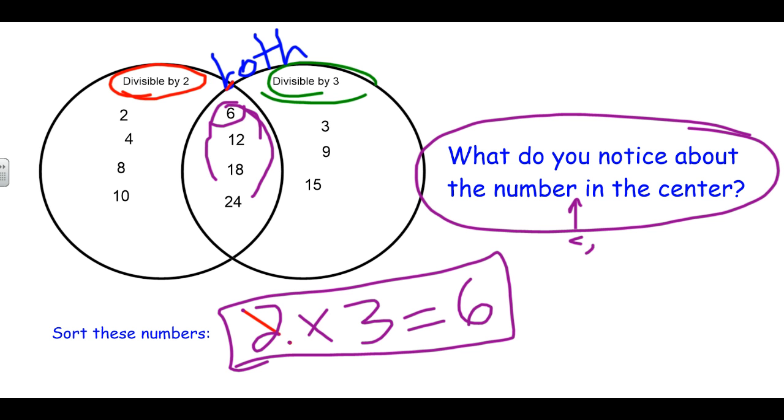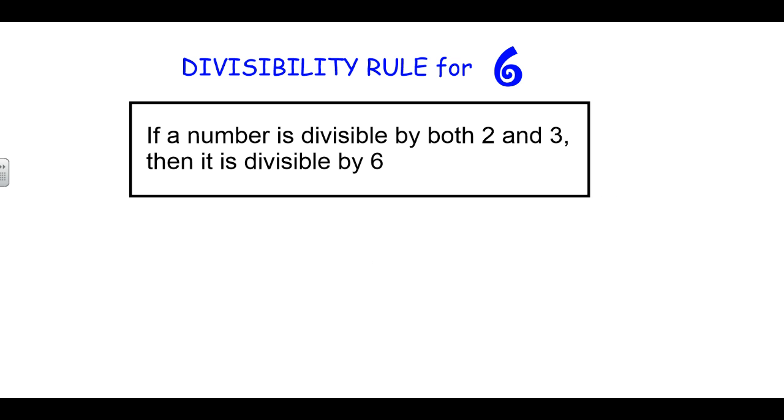But here, the fact that 2 times 3 is 6, in this case is enough to make the divisibility rule for 6 the divisibility rule for 2 and 3. If it's divisible by both, then the number is divisible by 6. This does not work in every case, but it does work in this case. So go ahead, pause the video, write this part down, and then we'll move on.